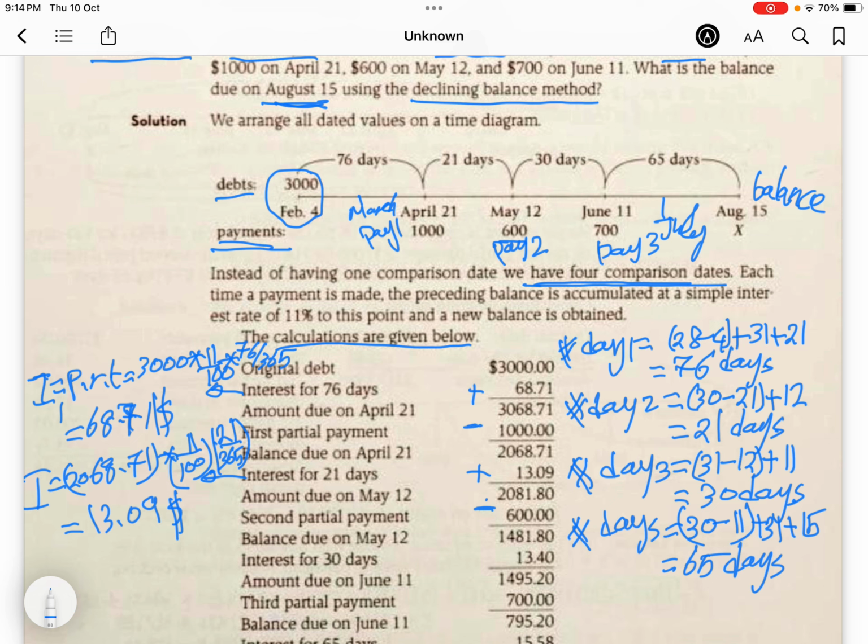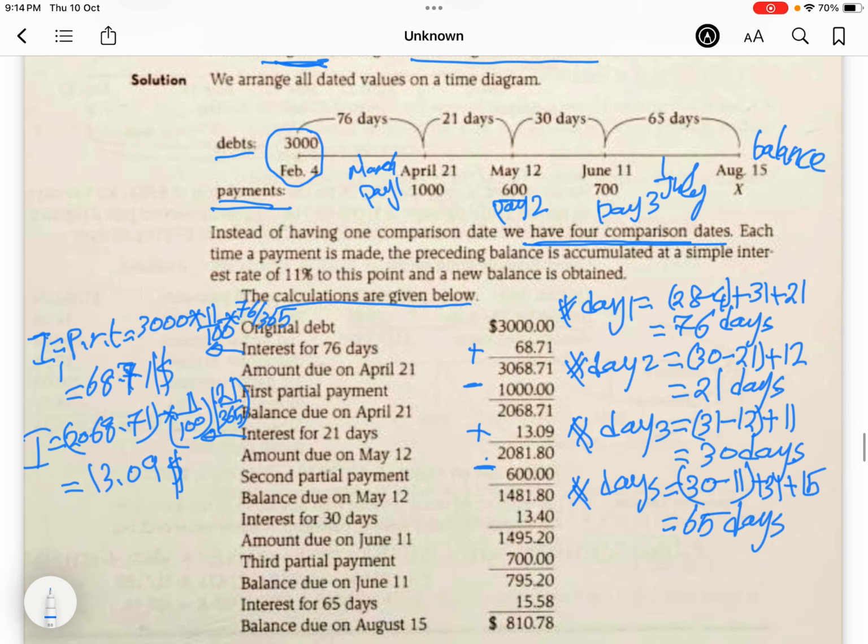You will have 1,481.80. Then calculate here the balance, I1, I2, I3.